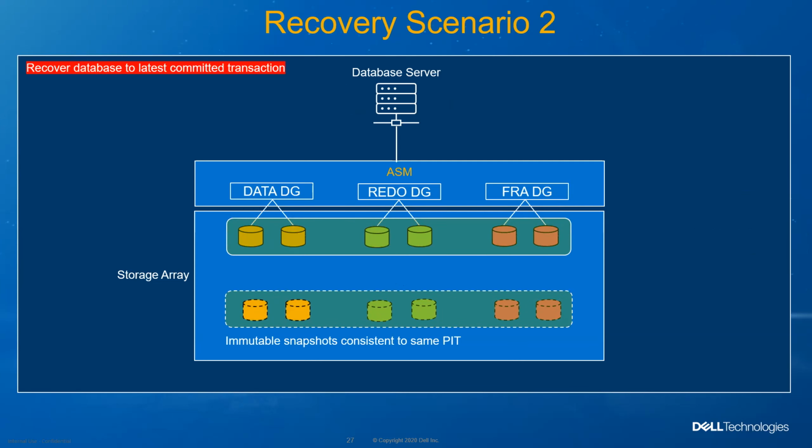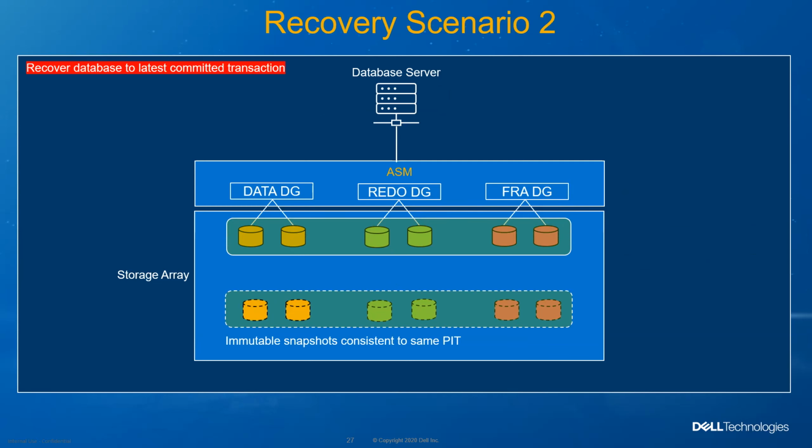So the second scenario is where you've had some damage to some data. It could be a data file, it could be a table, and you don't want to lose any transactions. You want to use the snapshot that you've taken previously to restore the database to its last committed transaction.